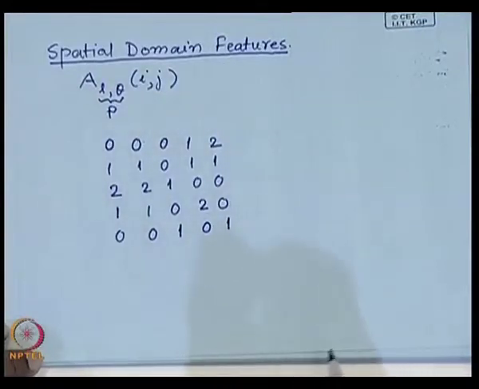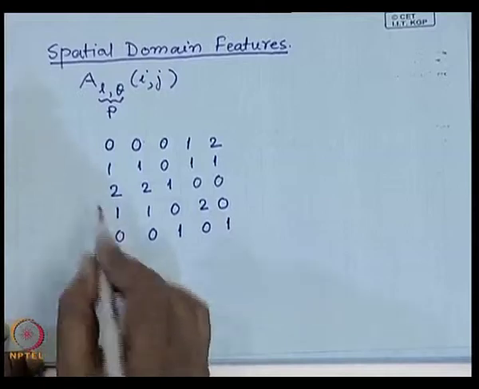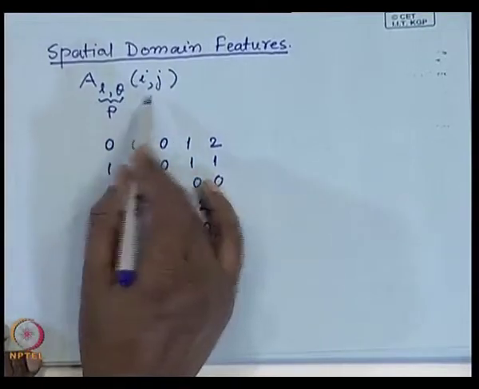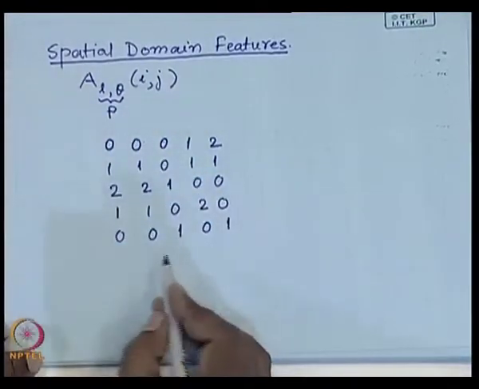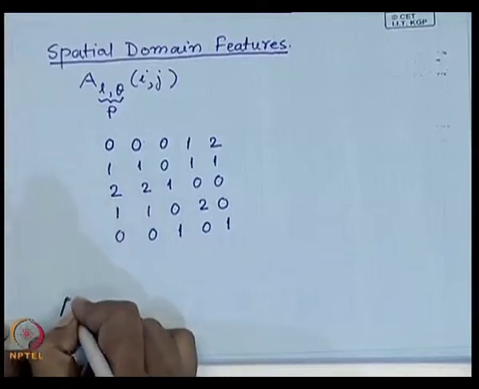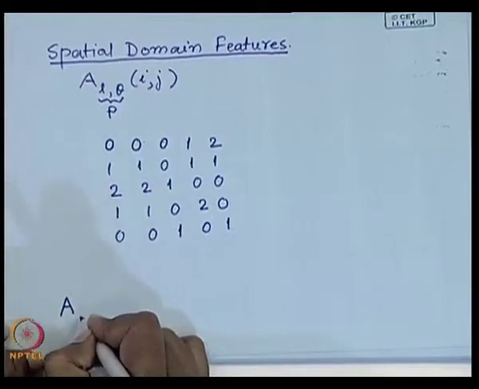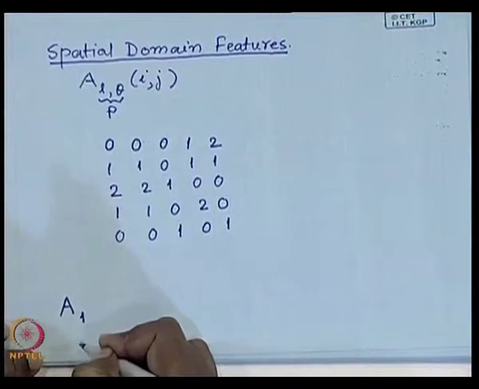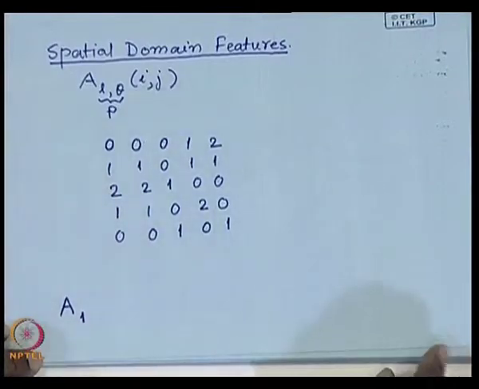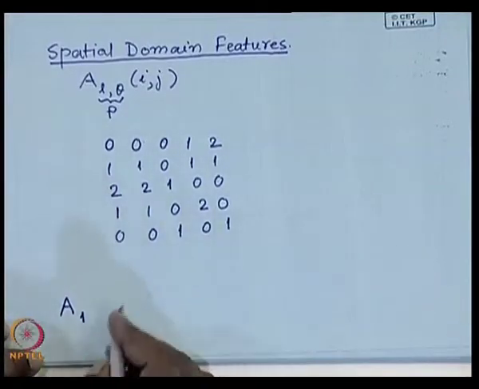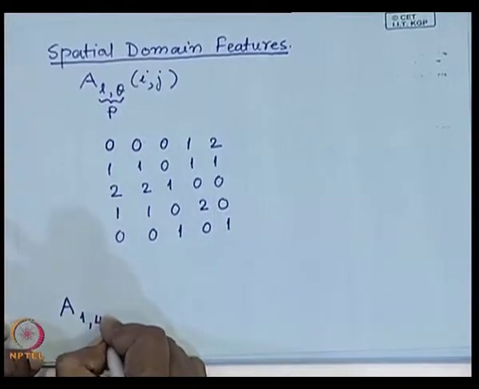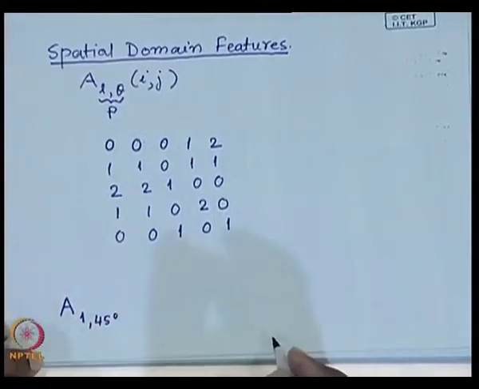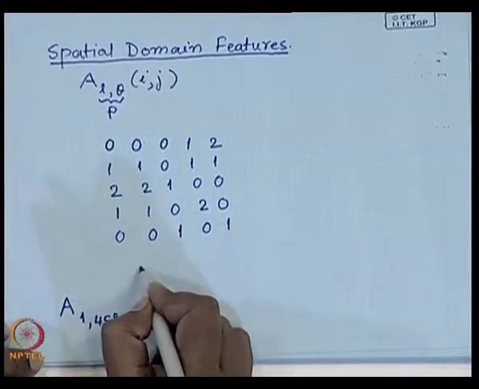So, suppose this is my sample image and I want to determine this particular matrix A, and suppose the value of L is 1, that means I have to find out the pixel pairs, intensity value pairs at distance 1 and at an angle of 45 degree. Okay. So, how will this matrix be?